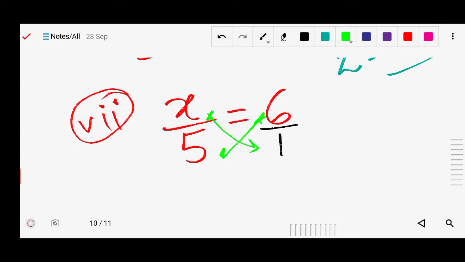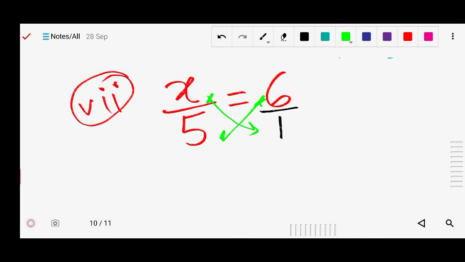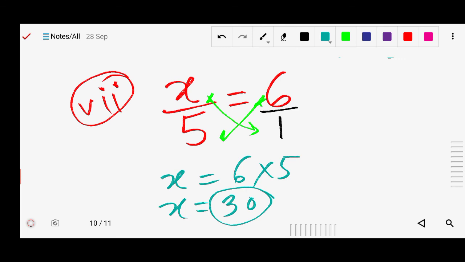If there are two fractions, on the right side or the left side also, you can cross multiply, or you can simply move this 5 to that side, and that will be multiplied. So now here I will solve by this method. We will cross multiply. So x into 1 is x, and 6 into 5, so x equals 6 into 5, 30. So what is the value of x? 30.